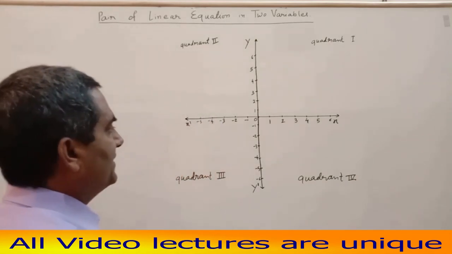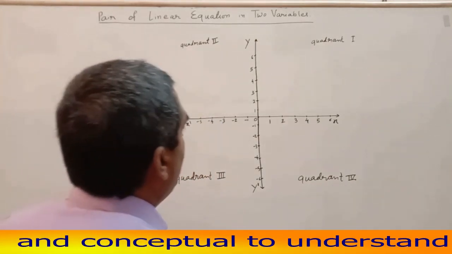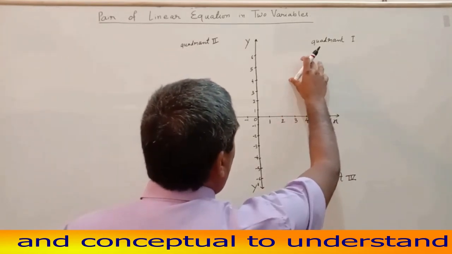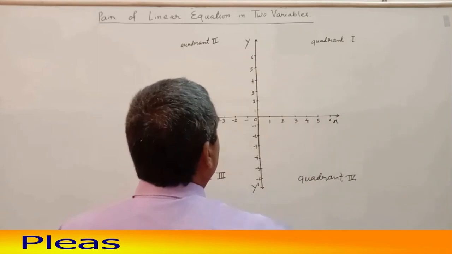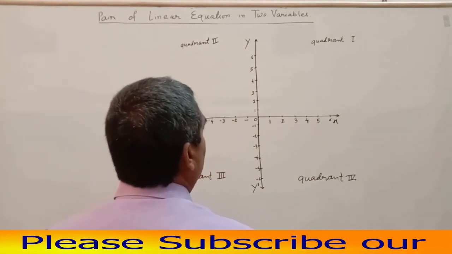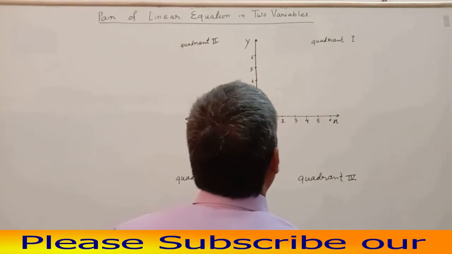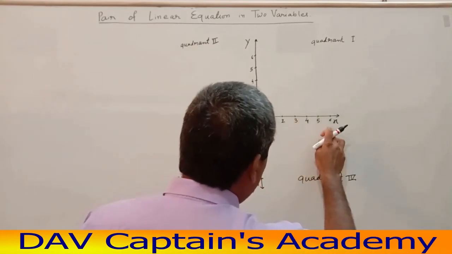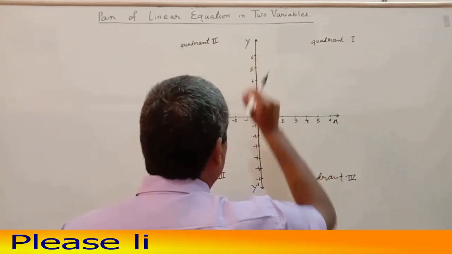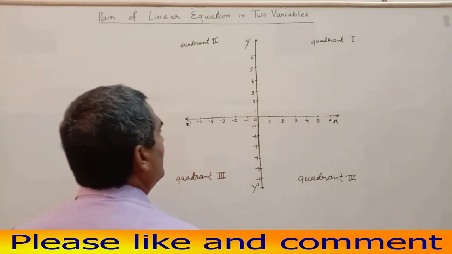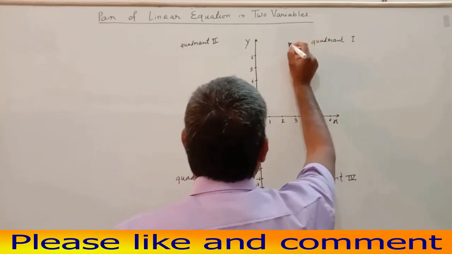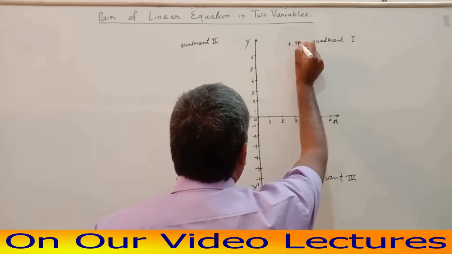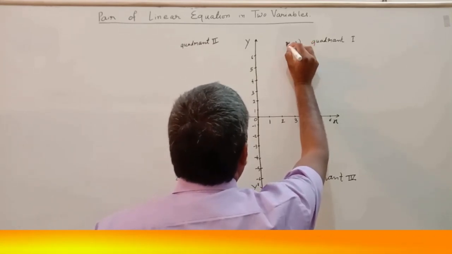This is very important. All the values in quadrant 1 will be taken as positive, because in this area the x-axis is positive and the y-axis is also positive. So quadrant 1 is represented as plus plus.